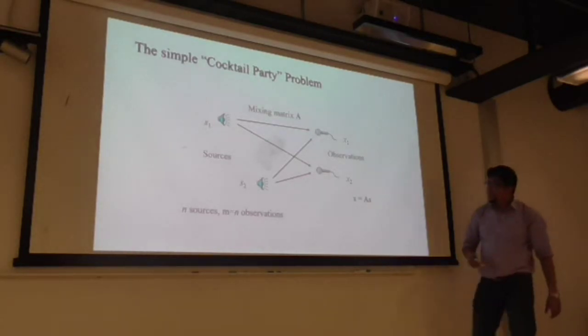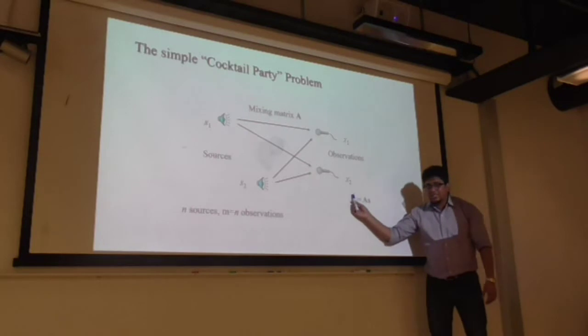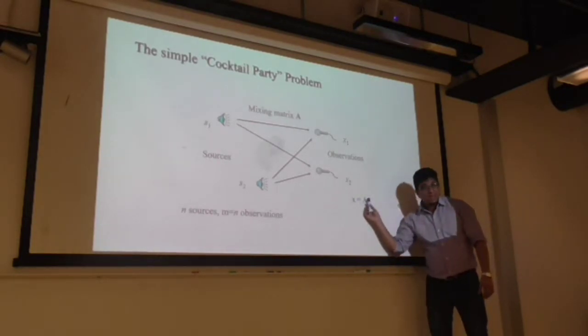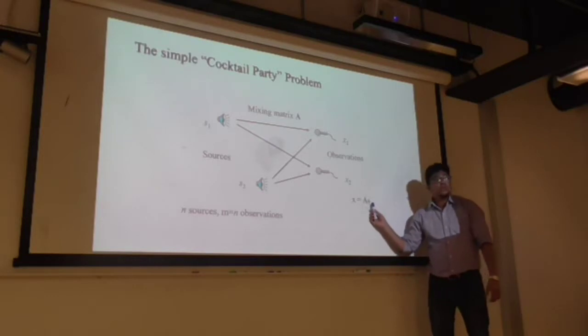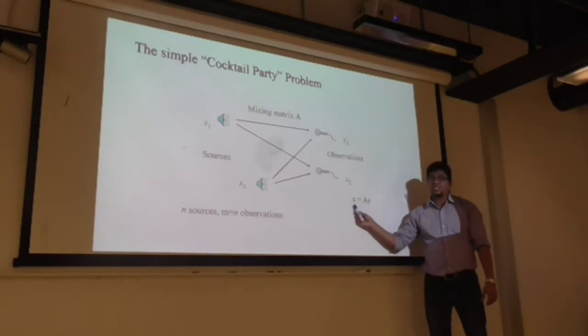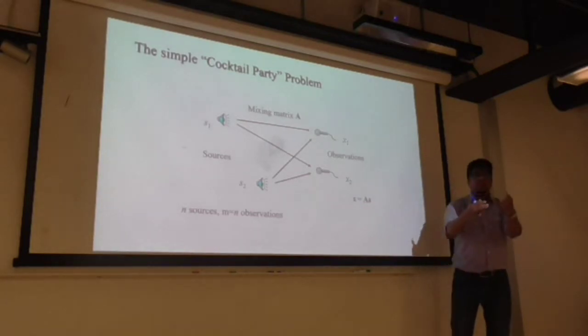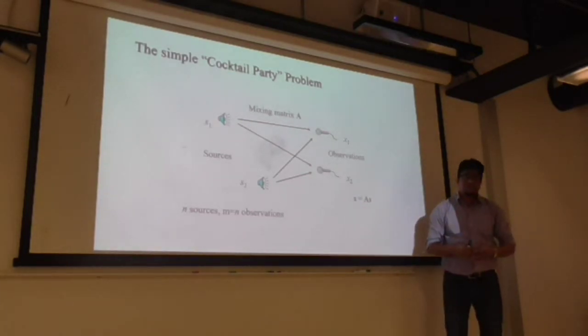So it's basically, it says that if X is the observation, there must be some matrix, a mixing matrix, that we can multiply with the original source, okay, to get the observation. Now we only have the observation, right? We only have the microphone data, and we don't have the original sources.